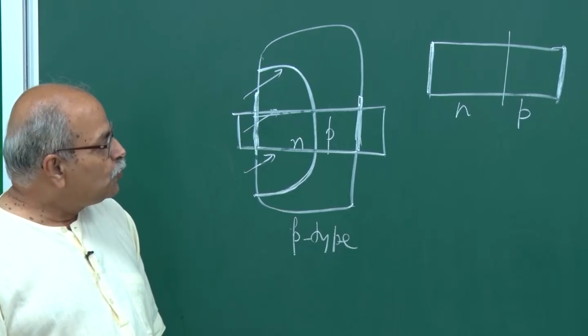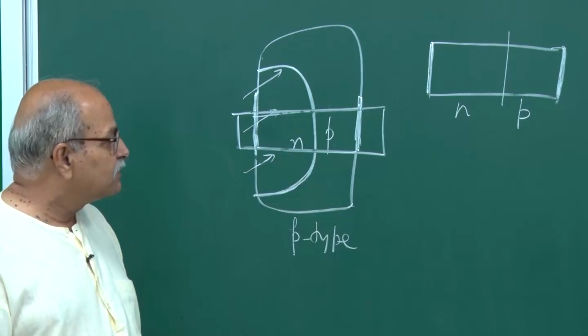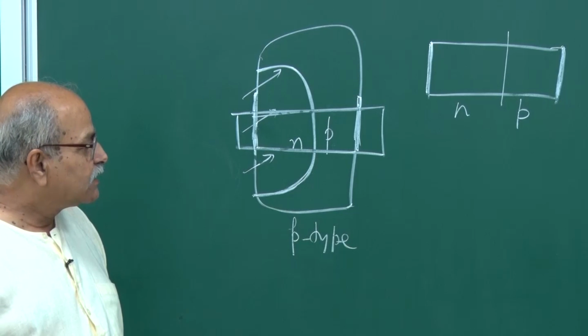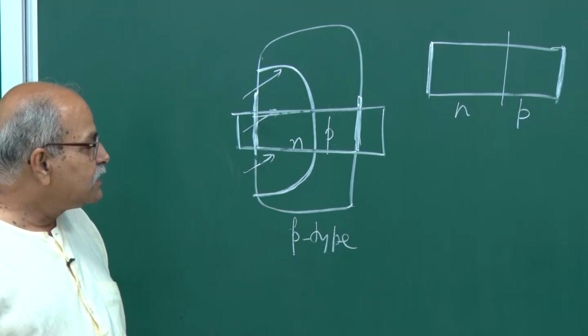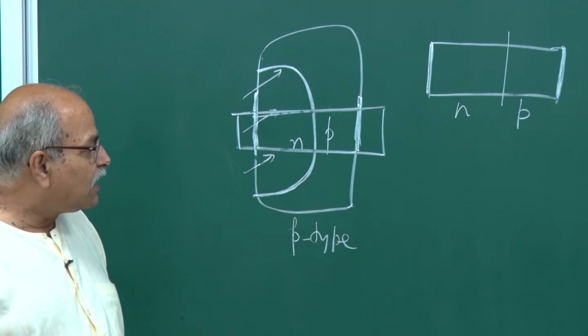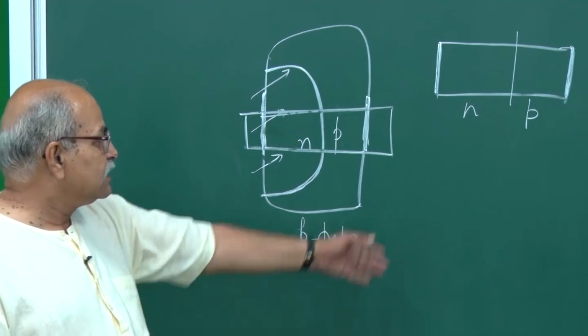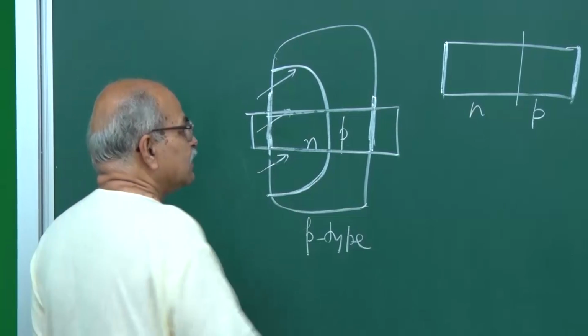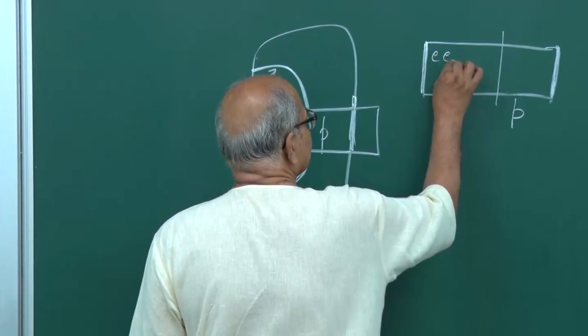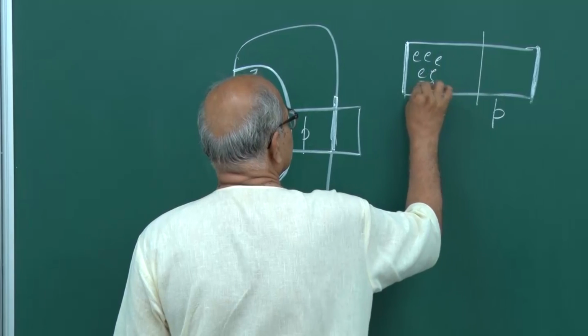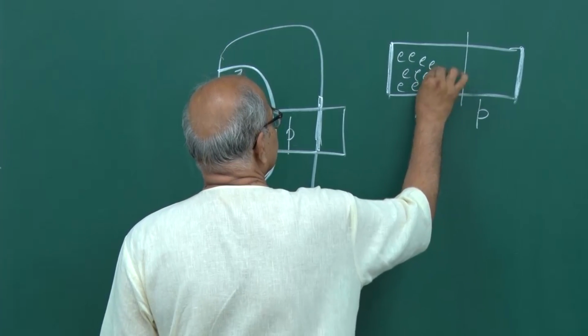Now, if you do create this kind of a p-n junction, it is an absolutely unstable situation, because this is n-type. What does it mean? It has a huge number of electrons, conduction electrons.